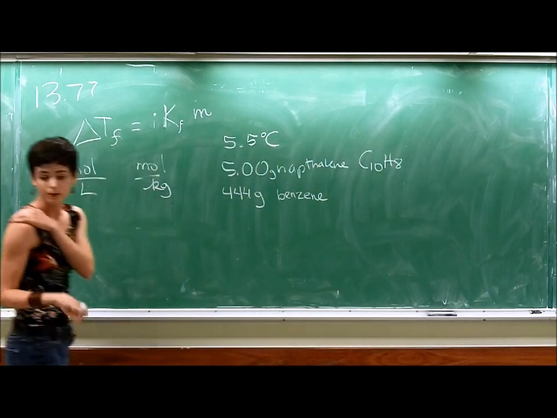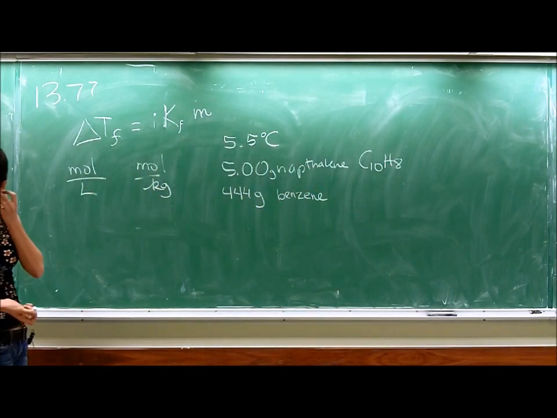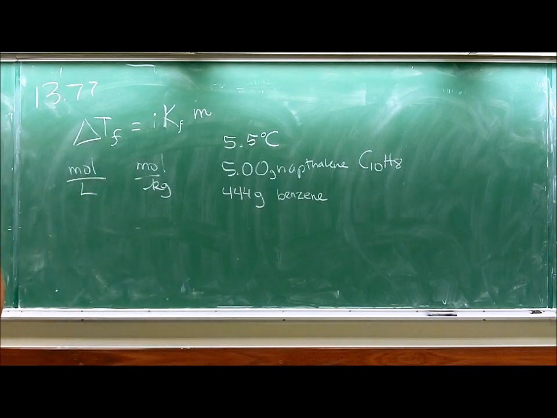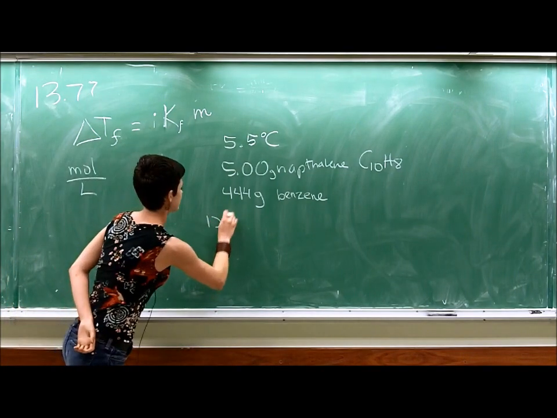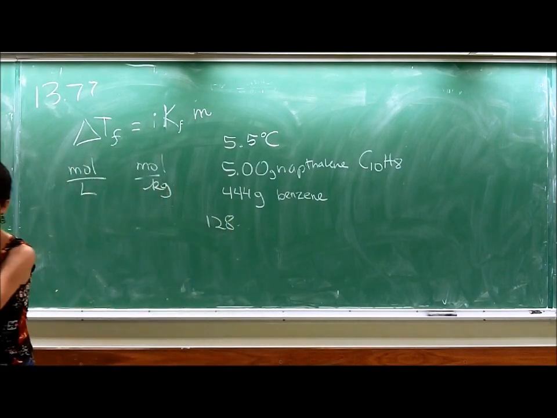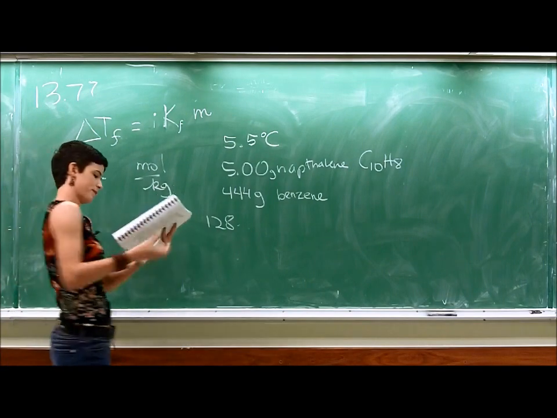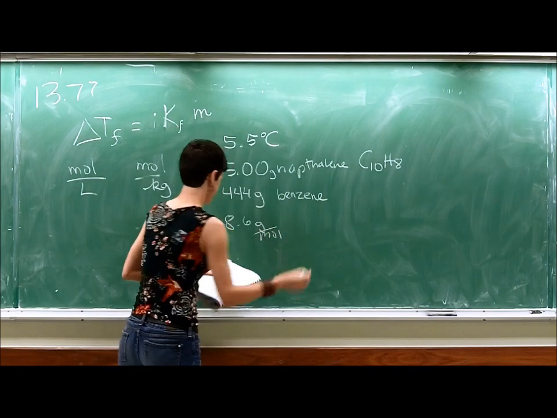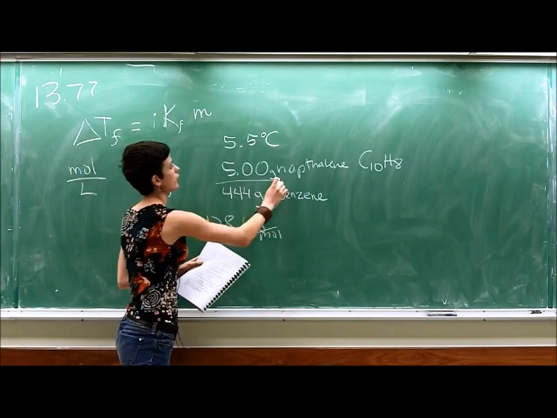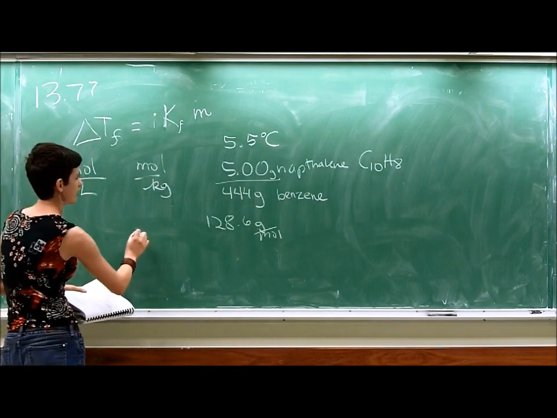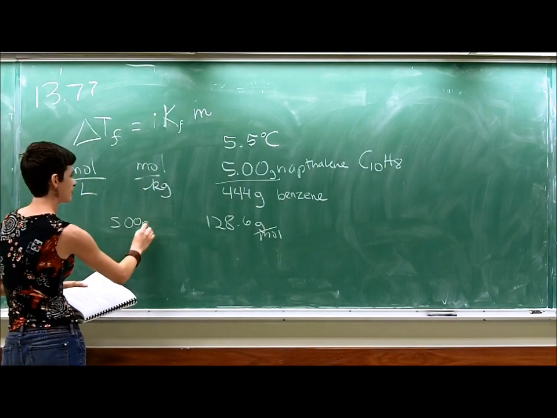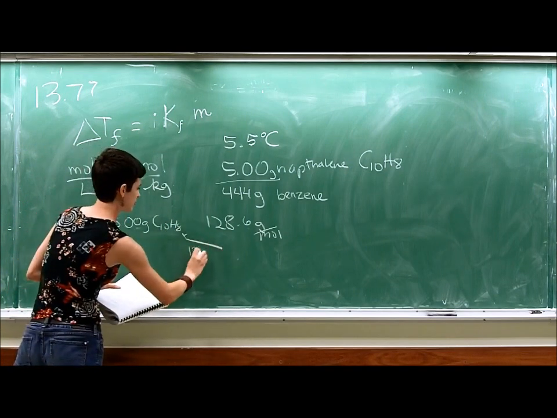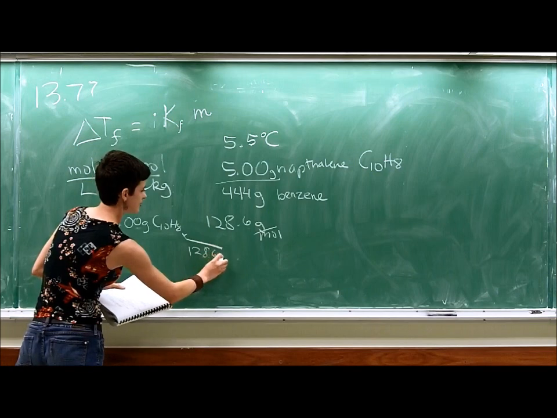So we'll need to compute a molar mass. The molar mass of naphthalene is 128.6 grams per mole. So we're going to go from our given in grams, 5 grams C10H8, times 128.6 grams per mole.